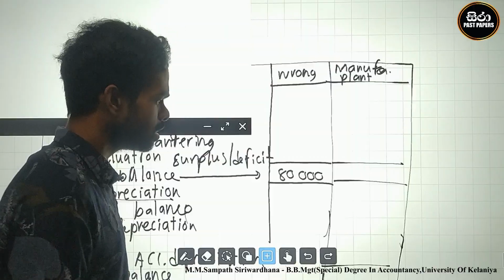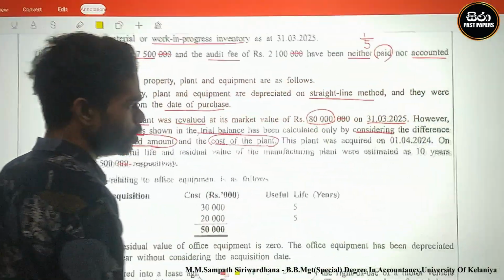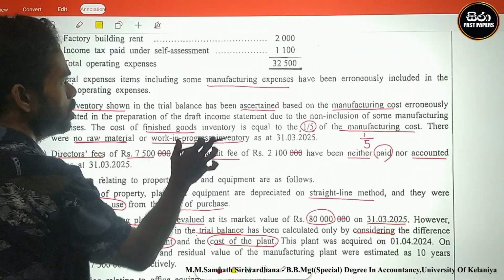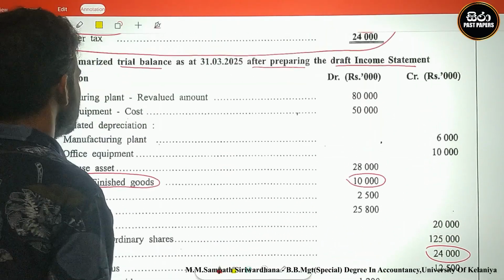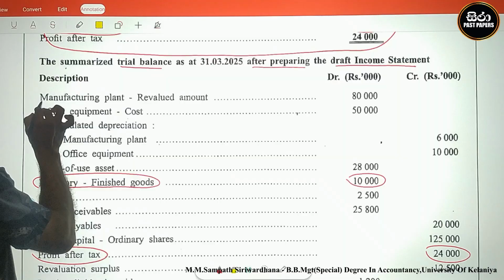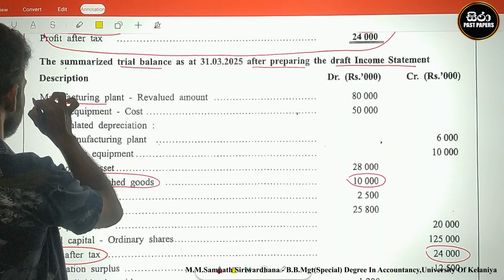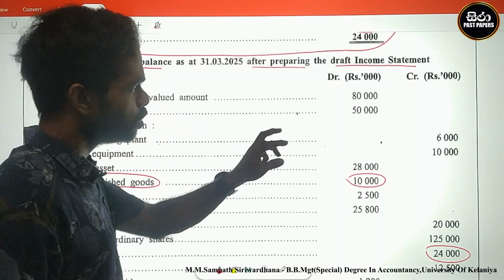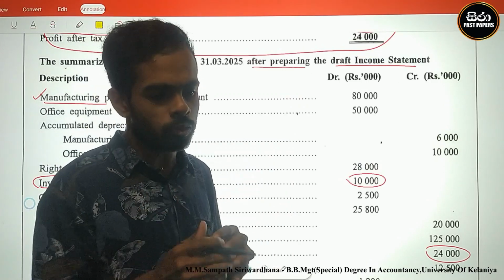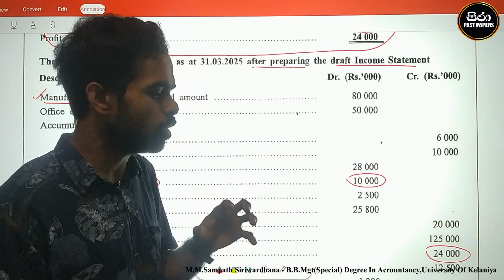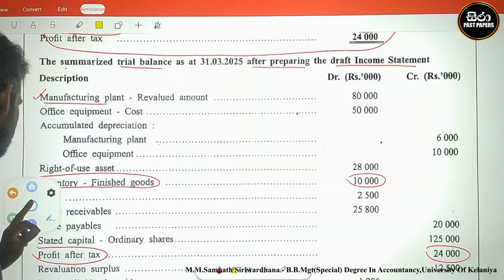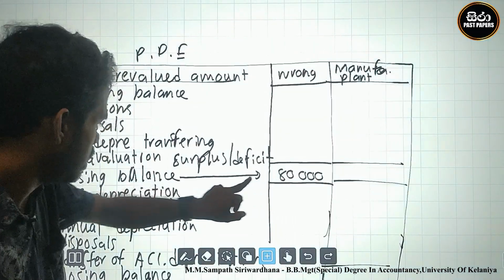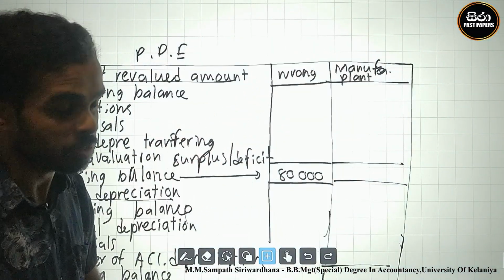We can find these amounts in the trial balance. Look here, they already calculated, already revalued. Look here, manufacturing plant, we can get revalued amount 80,000. Revalued means at the closing date they already accounted the amount. Accounted means they already identify it as a closing balance. This is the wrong balance, no?